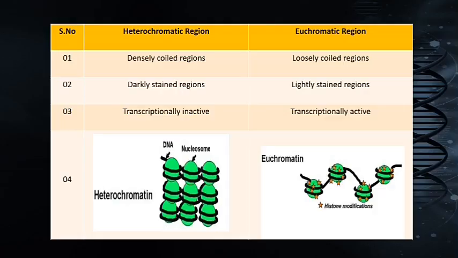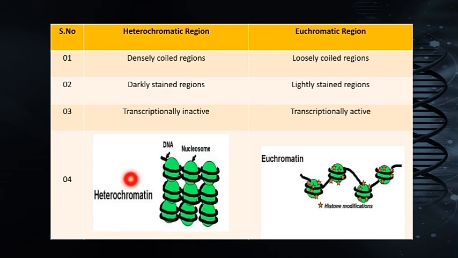Then I prepared a table so that everyone can understand the difference between heterochromatic and euchromatic regions. Let us see the difference. The heterochromatic region is characterized by densely coiled, darkly stained and transcriptionally inactive regions. On the other hand, the euchromatic regions are characterized by loosely coiled, lightly stained and transcriptionally active regions.